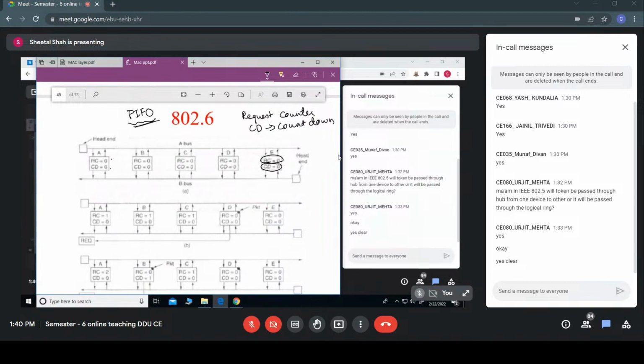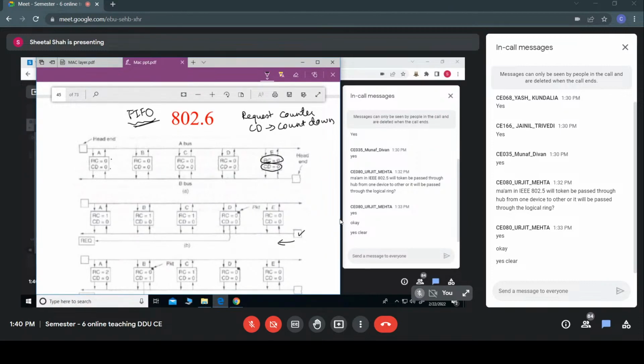Okay. Now assume that station D wants to send certain data towards its right hand side, to some station at the right hand side. So it will send it into the frame cell which is sent by this head end in this direction.